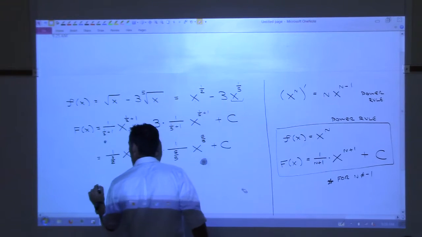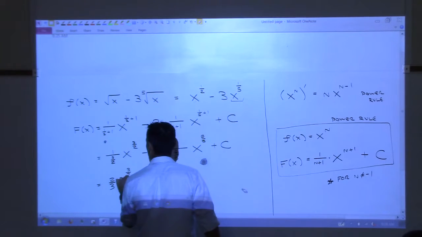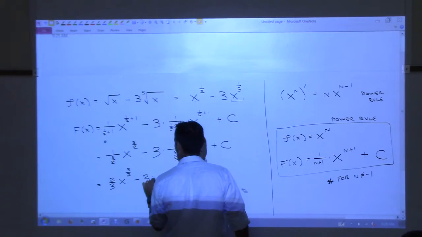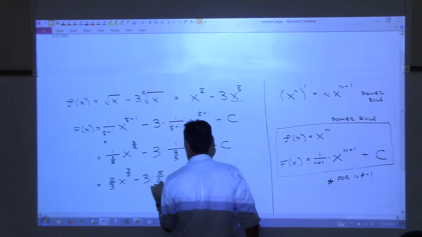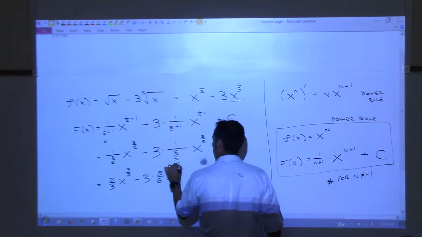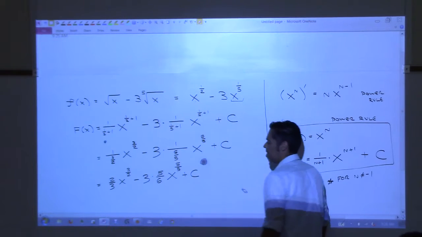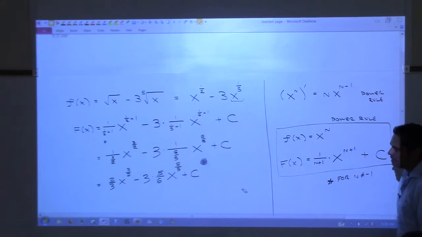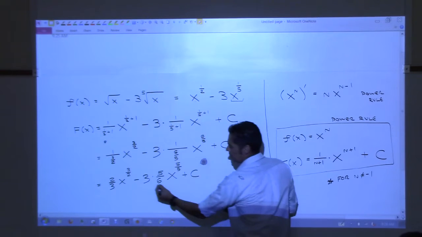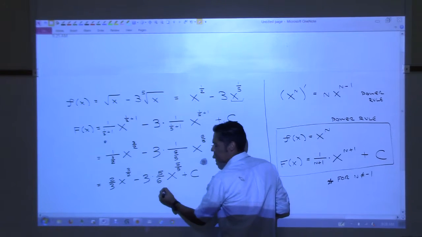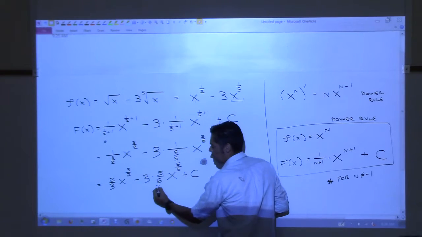So I'm going to have 2/3 x to the 3 halves minus 3 times 5/6 x to the 6/5 plus c. I can do a little bit of cleaning up still. This 3 and this 6 can reduce out, and that can become a 2 down there.